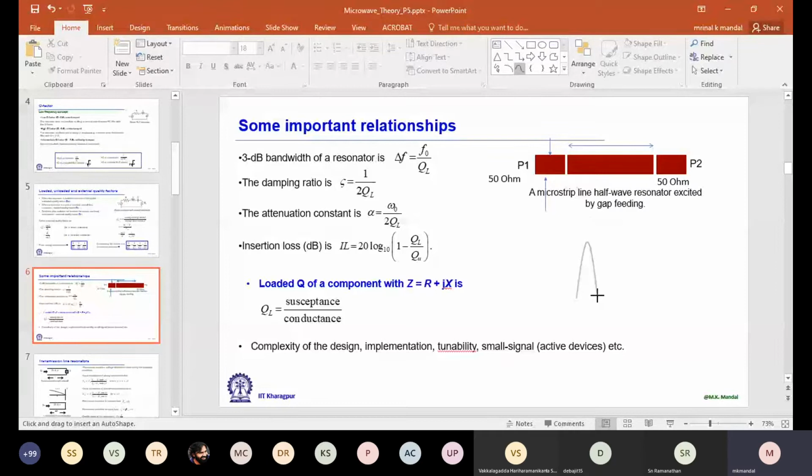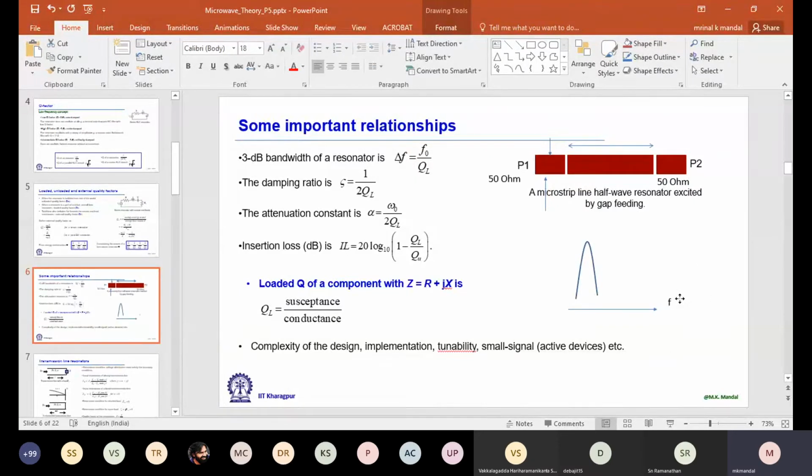the transmission coefficient. Along X it is frequency, and along Y it is the magnitude of the transmission coefficient. You can also call it S21, right?